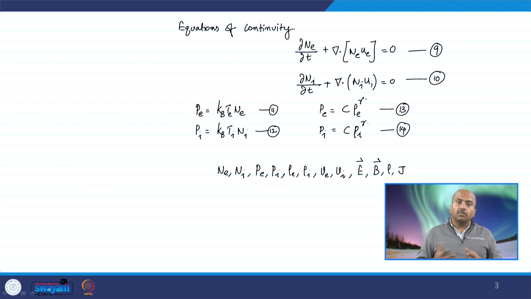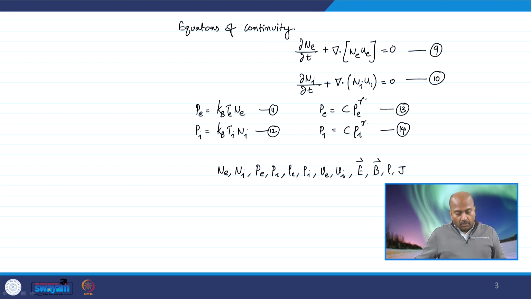But some other variables tell you the behavior of plasma. What is its velocity, how it is affected by the electric field, by the magnetic field, and how these two fields are interconnected, and how the fields can give rise to other electromagnetic properties, etc.